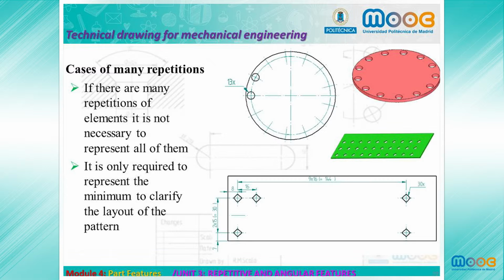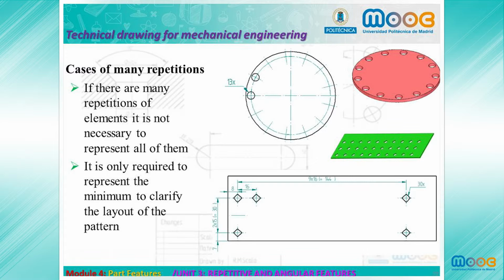In this case, the axes, or in this case, nothing. But always we have to describe the number of repetitions of the element. It is only required to represent the minimum to clarify the layout of the pattern.